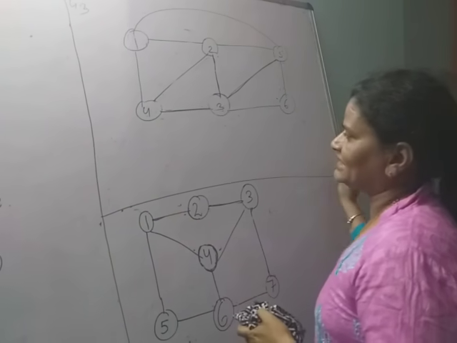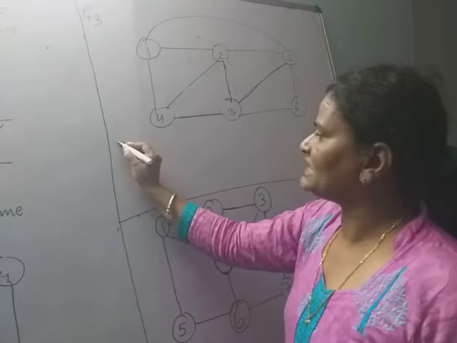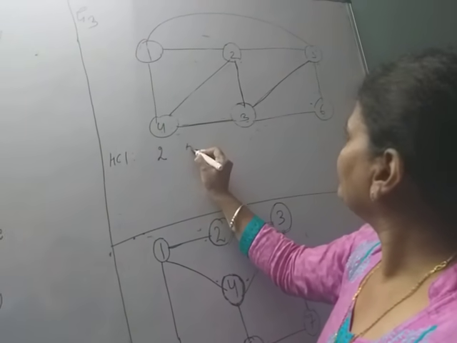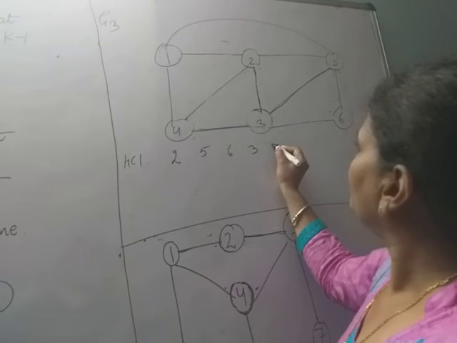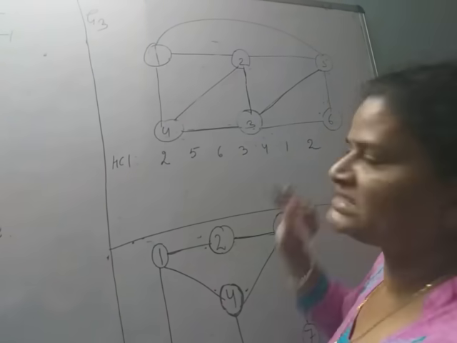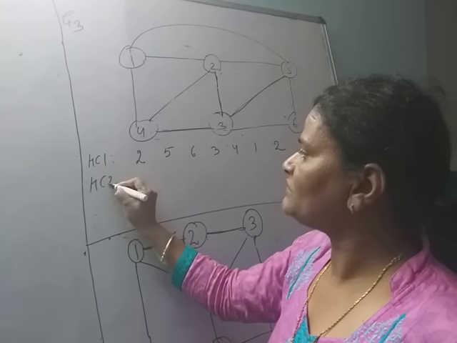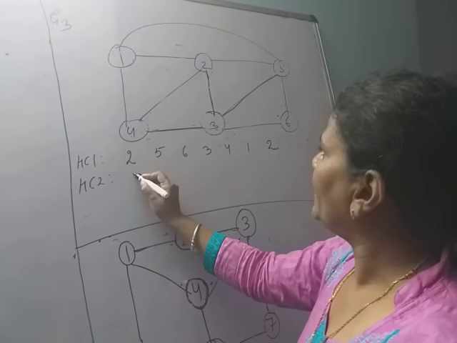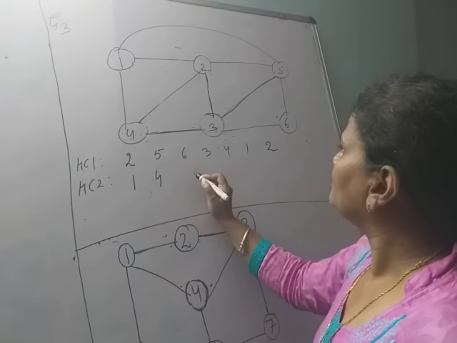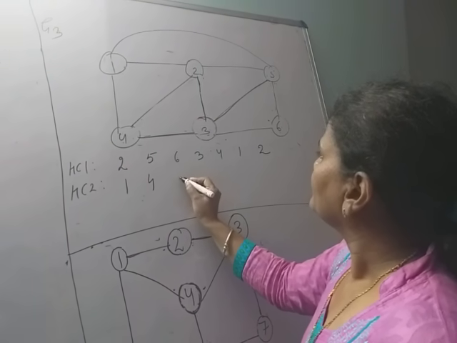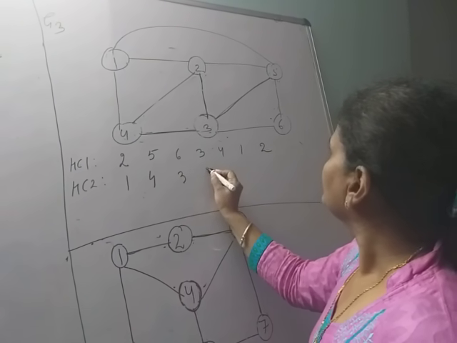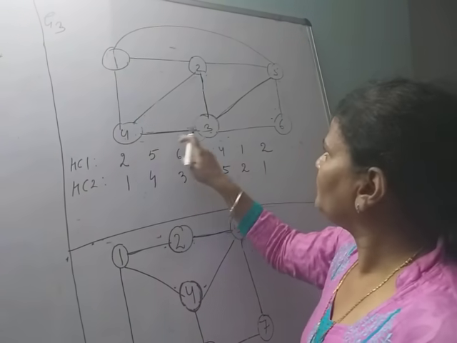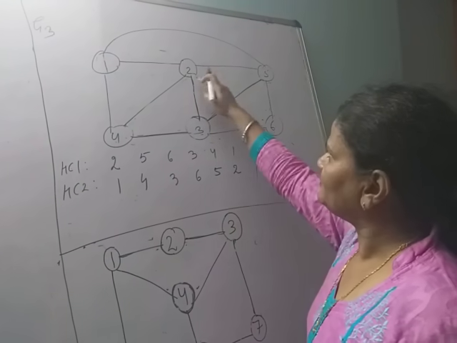So one cycle, the Hamiltonian cycle HC1, is 2, 5, 6, 3, 4, 1, 2. This is one Hamiltonian cycle. If we consider Hamiltonian cycle 2, we can write 1, 4, 3, 6, 5, 2, 1.